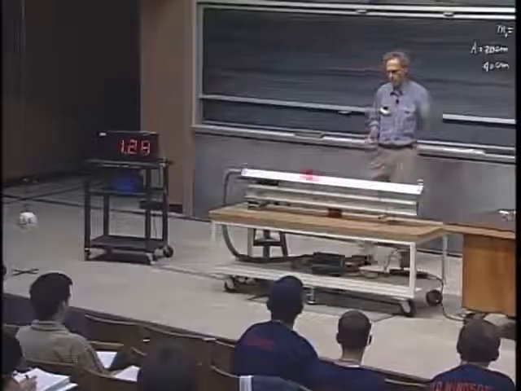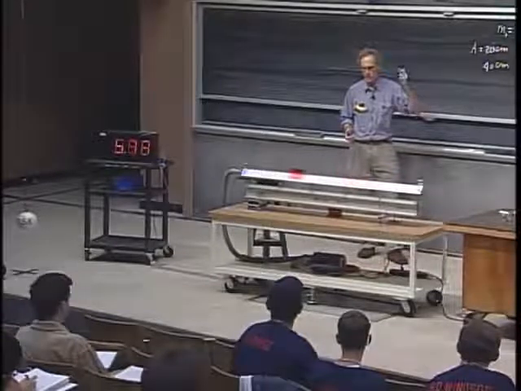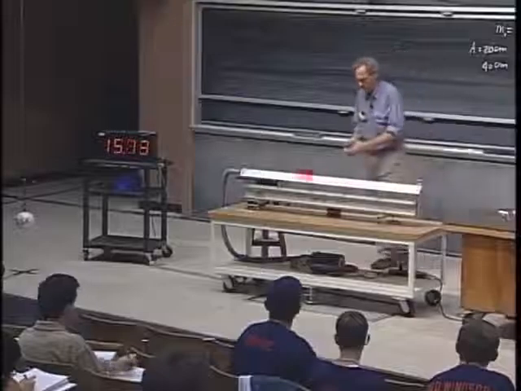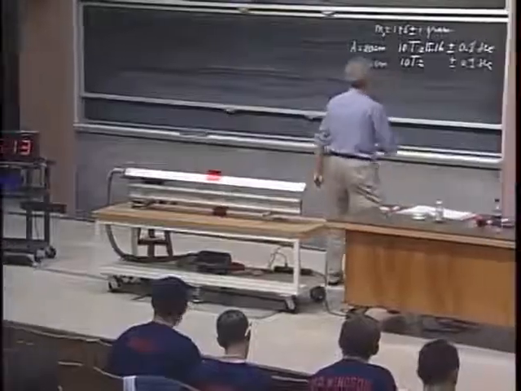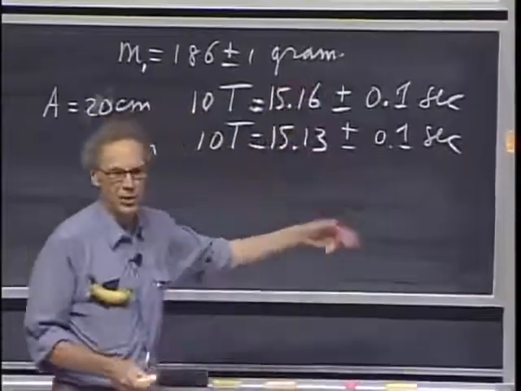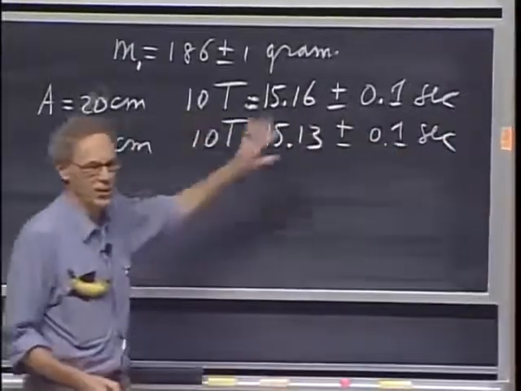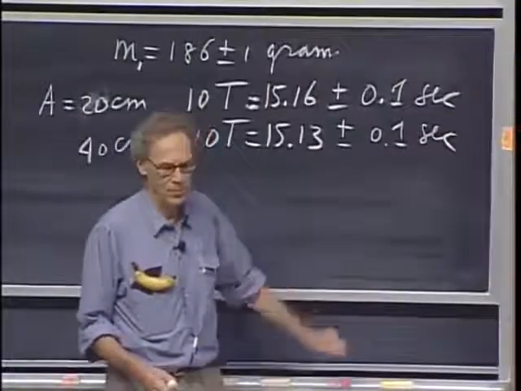Now, 1, 2, 3, 4, 5, 6, 7, 8, 9, 10. 15.13. Fantastic agreement within the uncertainty of my measurements. In fact, they are within 3 hundredths of a second. Of course, if you try it many times, you won't always get that close, because my reaction time is really not much better than a tenth of a second.